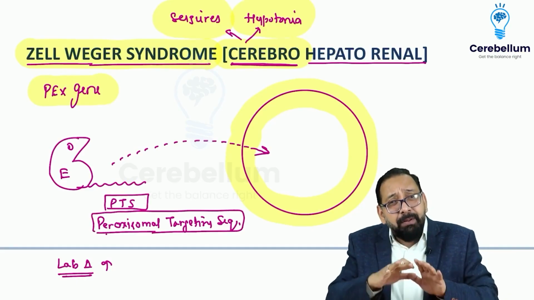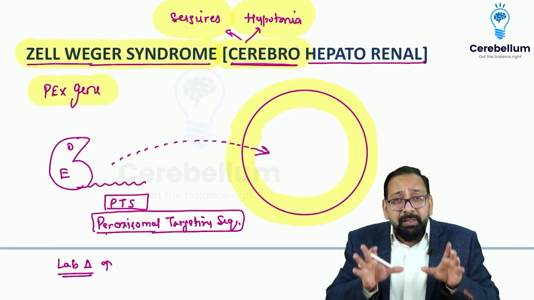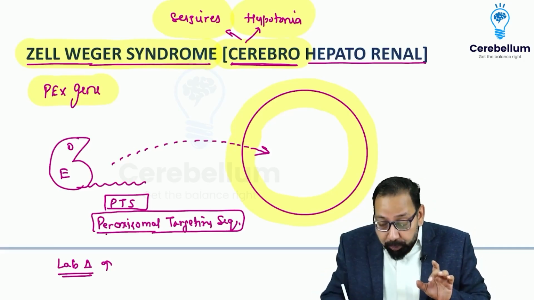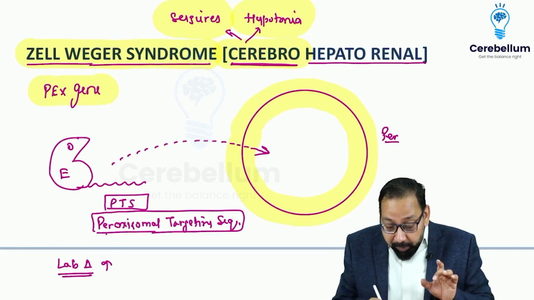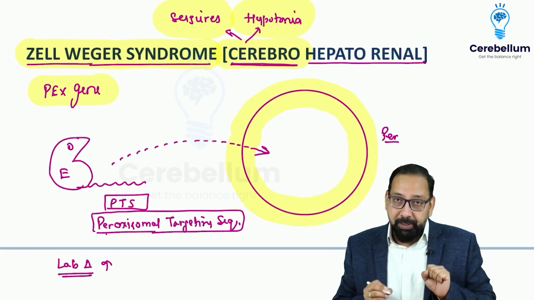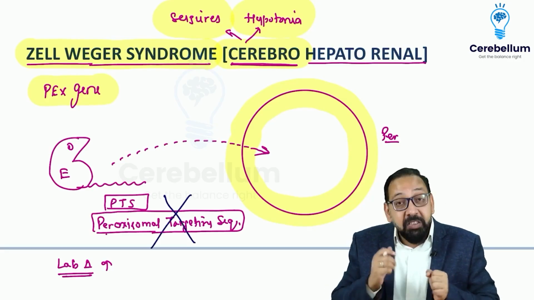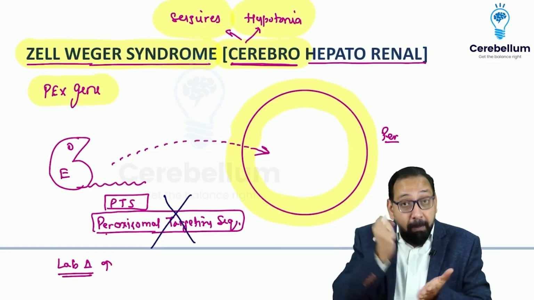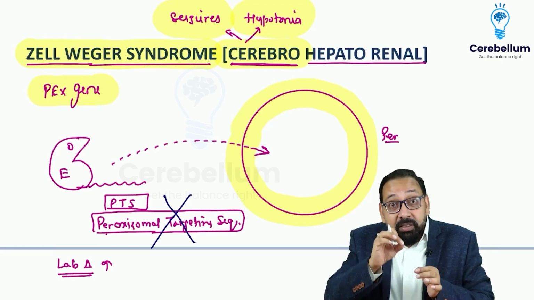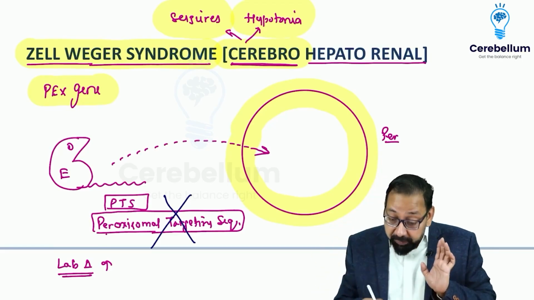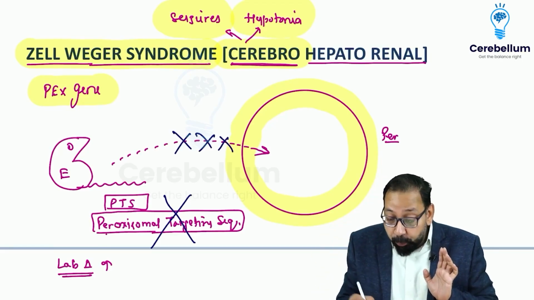This is like an address. With this address, the enzyme goes to the peroxisome. If this is defective, then the enzyme will not go to the peroxisome.